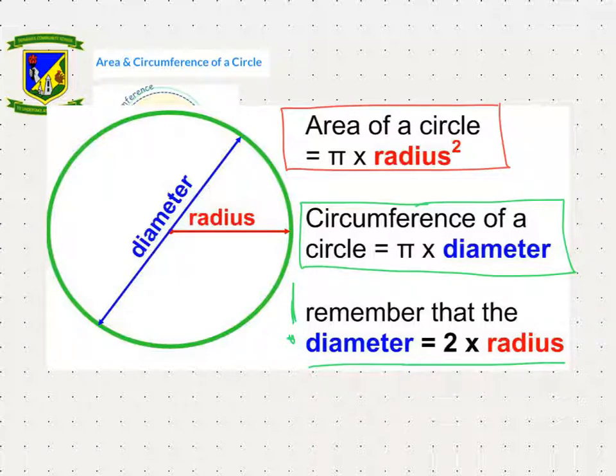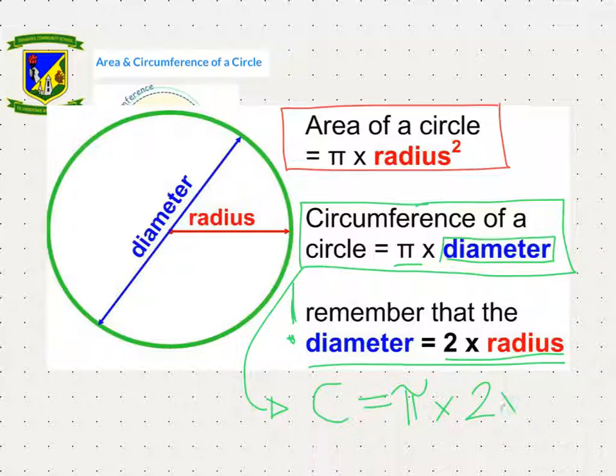So you can insert that property into this formula. Sometimes your formula for the circumference might become the circumference being equal to pi multiplied, now instead of diameter, by 2 times the radius, because twice the radius is the same as the diameter.